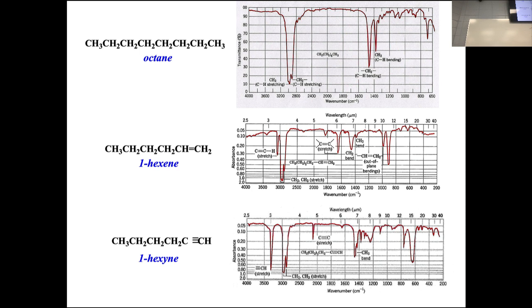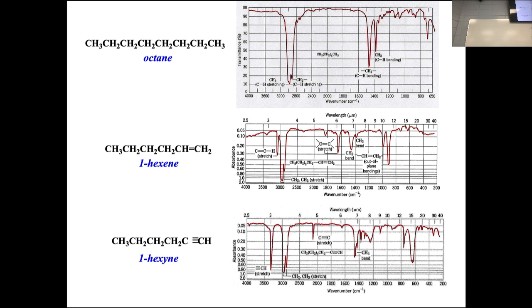So notice, there's 1,500. There's really nothing there. There's a little bit of something. Anybody know what that might be? I don't know. A little blip, right? 2,000, really nothing there. Between 2,000 and 2,500 in the sp region, there's a stretch. That's an alkyne. That's the carbon-carbon triple bond.